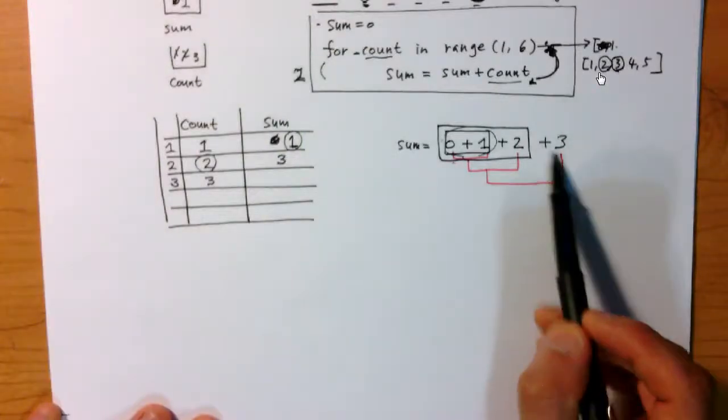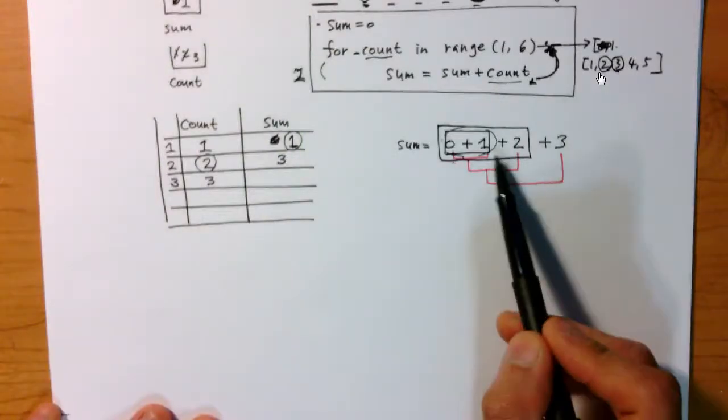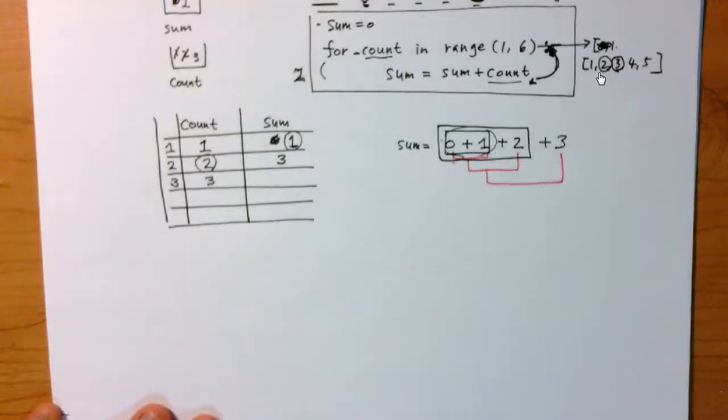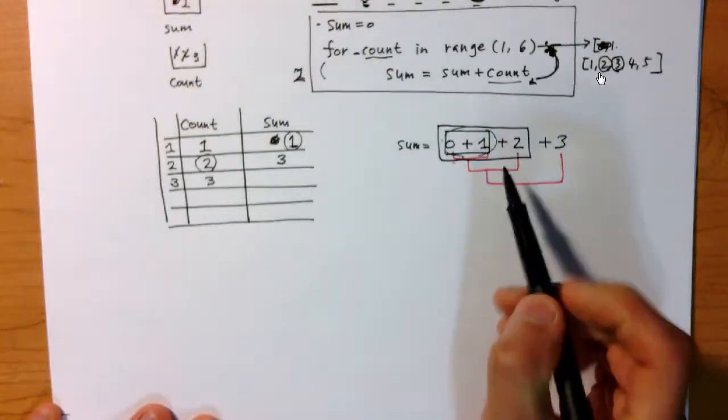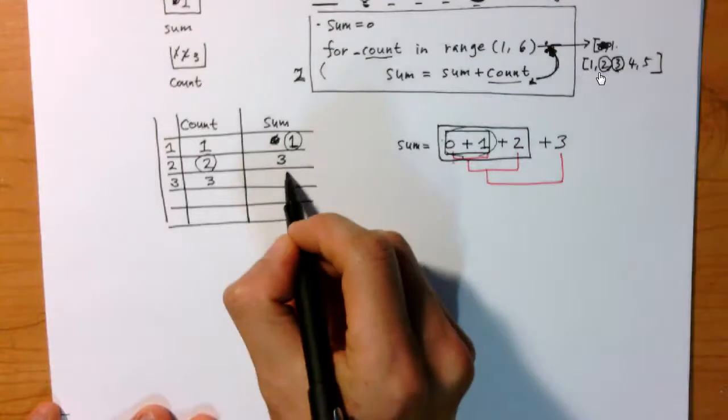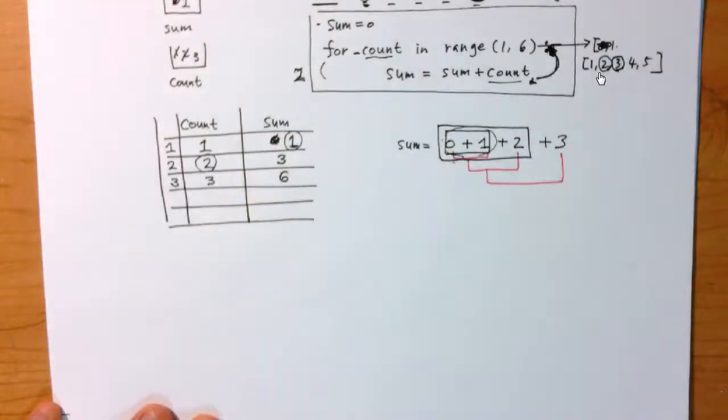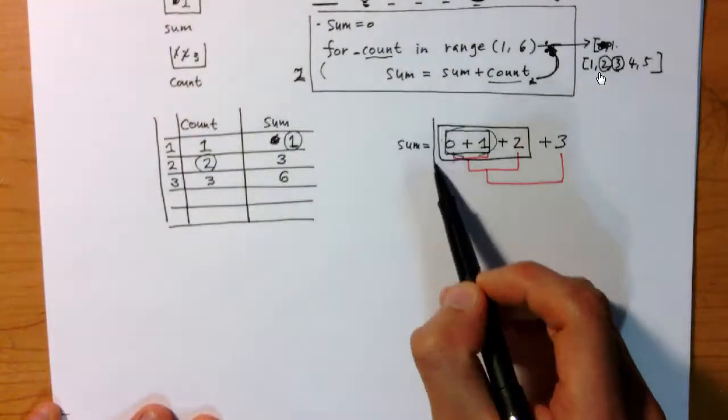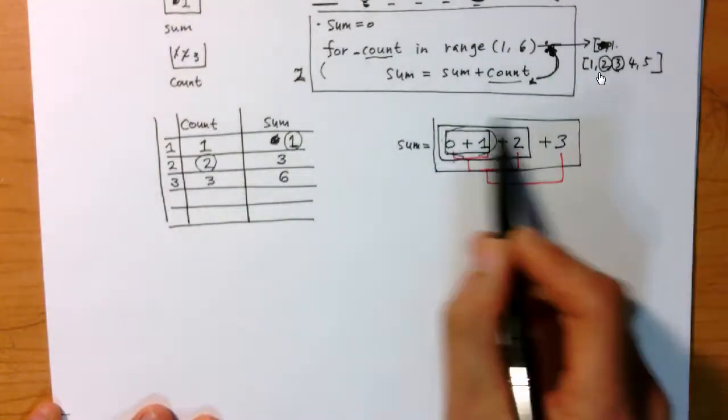So 3 plus 3, 1 plus 2 is 3, so it's 6. Sum is 6 now. So I'm done with this calculation.